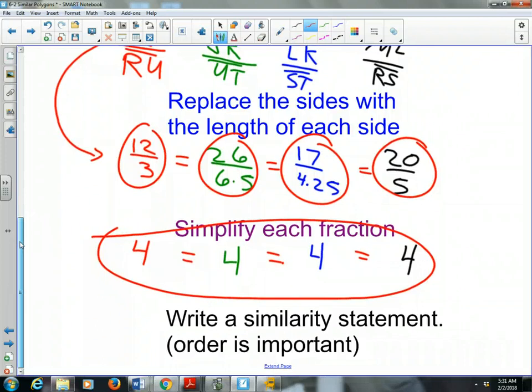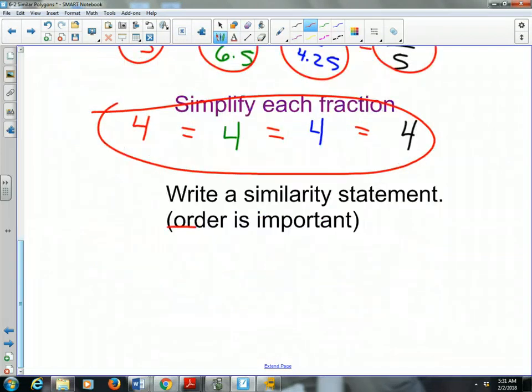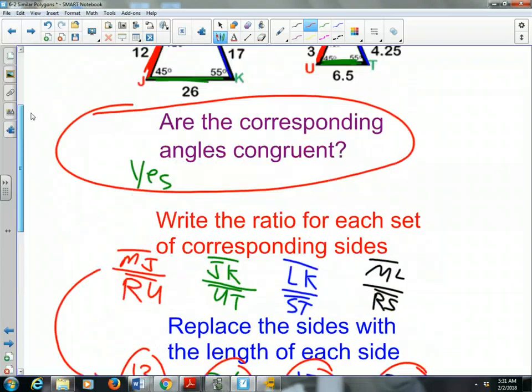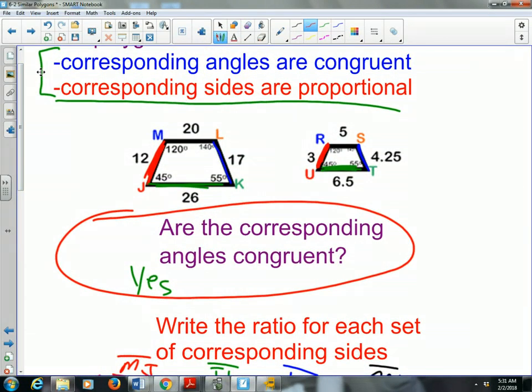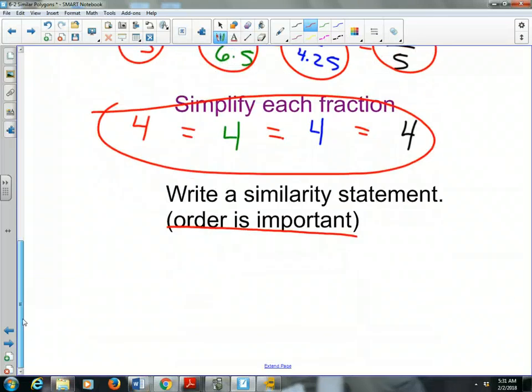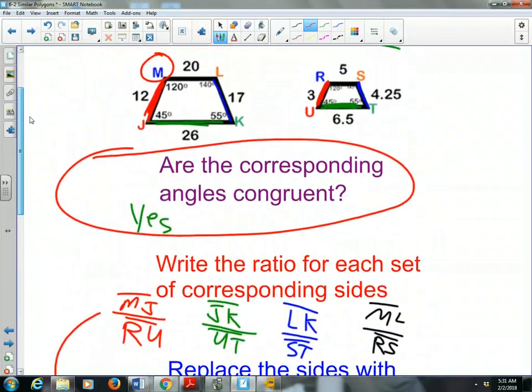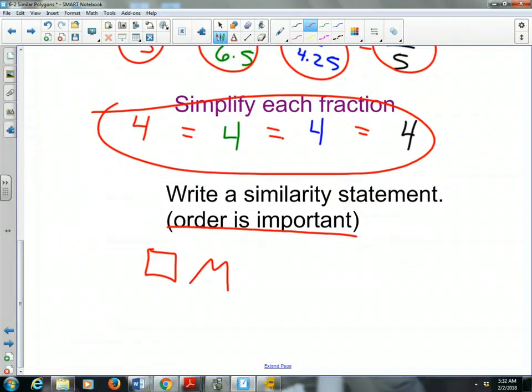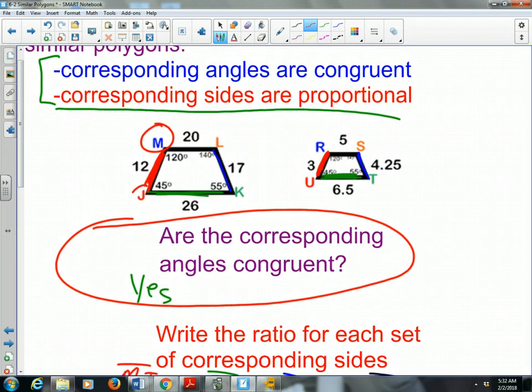So now we're going to write our similarity statement, and here it says order is important. On your first polygon, you could name this polygon starting at any vertex you want, and then you can go clockwise or counterclockwise around. So I'm just going to start with angle M. Here's how you label the quadrilateral: quadrilateral M. Now I could choose to go J, K, L, or if I wanted to go counterclockwise, I can go M, L, K, J. Just make sure you go around the figure.